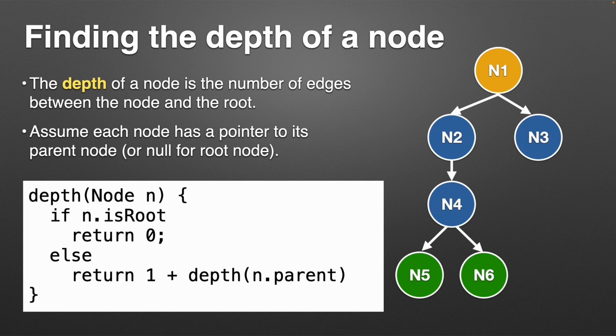Same thing there, n4 comes through here. It's not the root: 1 plus n2, then when n2 comes through, 1 plus n1. And then n1 is finally the root, so that returns 0. And so that whole chain adds up, right? And we get our depth of 1, 2, 3.